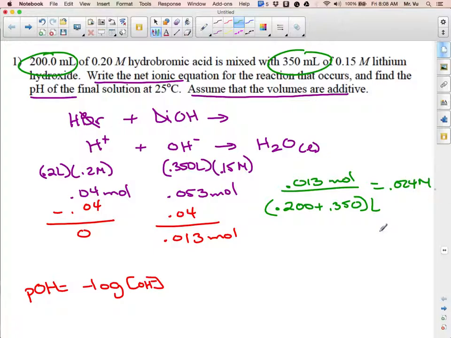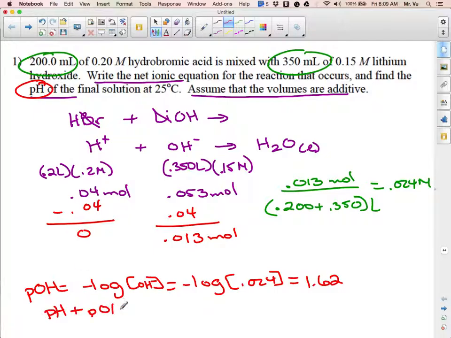molarity, right? So now, since I have that, I can plug it into the pOH, which is negative log of 0.024. And when I do the math, I will have basically 1.62. Okay? Now remember, this is the pOH, but we don't want the pOH, we want the pH. So I know that the pH plus the pOH should equal 14.